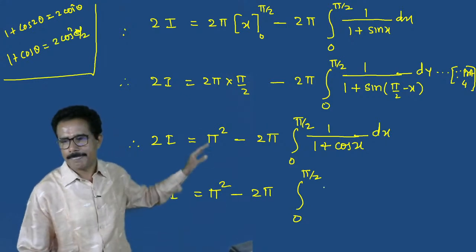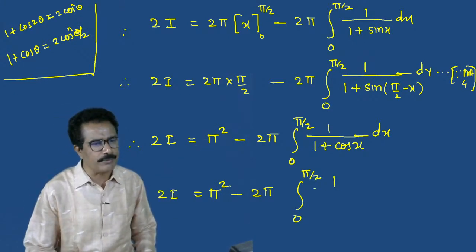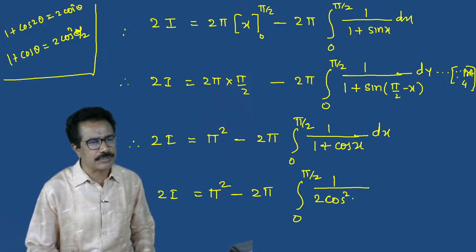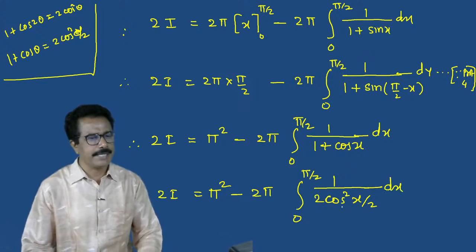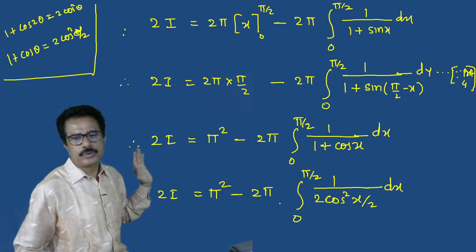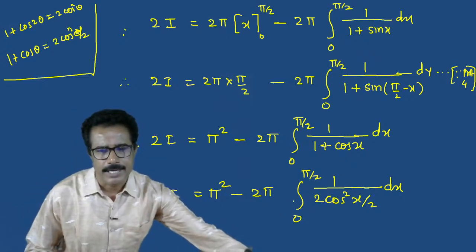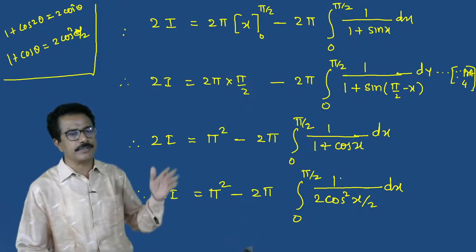So 1 plus cos theta means we can write 1 upon 2 into cos square theta by 2, means x by 2, dx. So these two and these two will get cancelled.